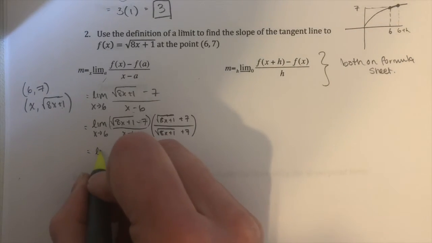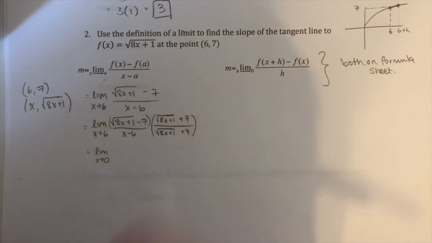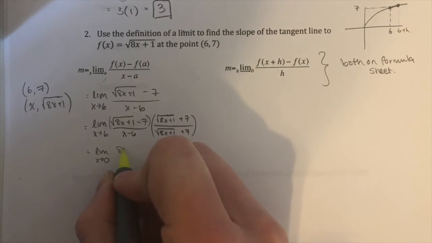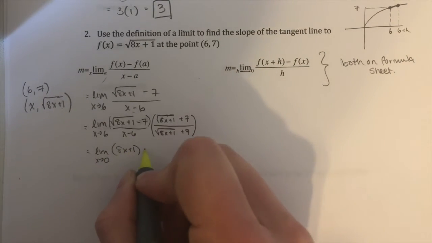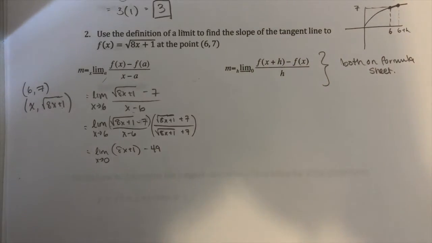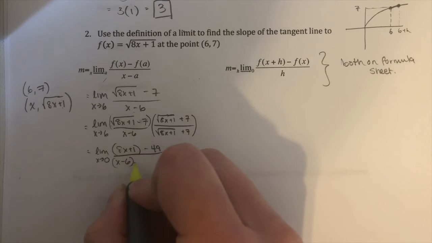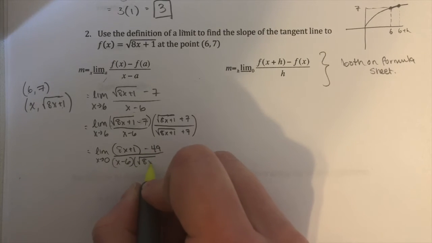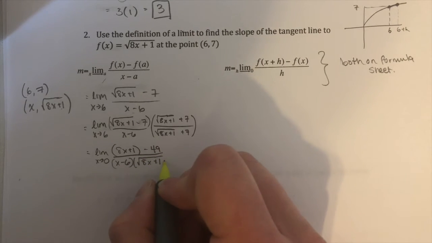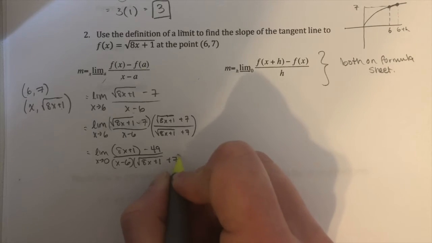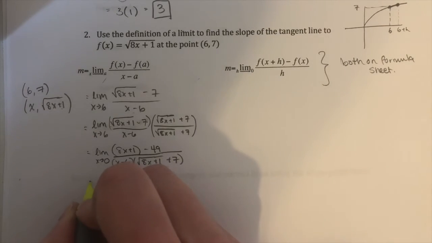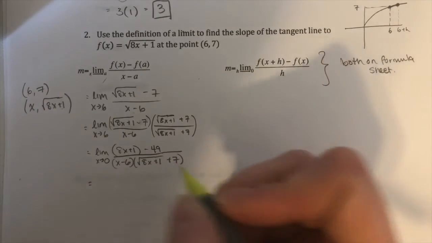We're going to get 8x plus 1 minus 49, and then x minus 6 times this whole other thing, and everything is going to work out all nice and cancel if we just leave this as it is.